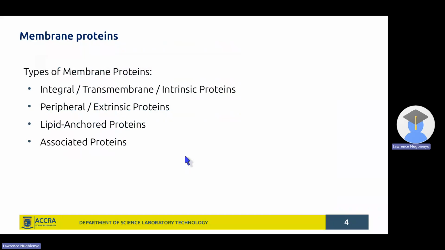We did look at the structure of lipids, looking at the fatty acids, having the carboxylic acid group as the hydrophilic part of the molecule, and having the hydrocarbon tail, which is the part of the molecule which is hydrophobic.